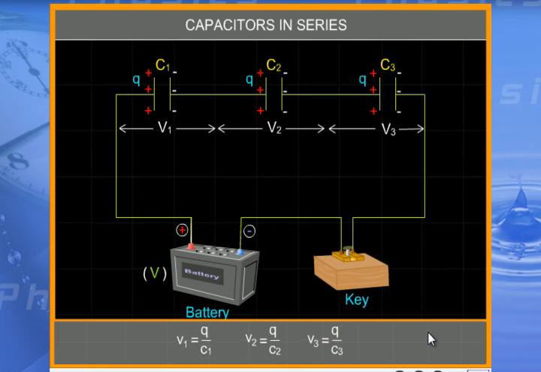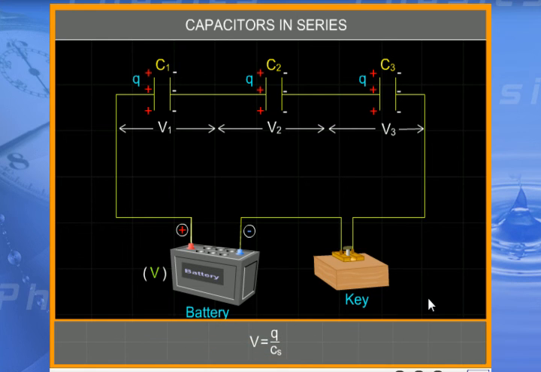Rewriting the above equation, we get V is equal to Q of 1 by C1 plus 1 by C2 plus 1 by C3. If Cs be the effective capacitance of the series combination, it would acquire charge Q when the voltage of V is applied across it.